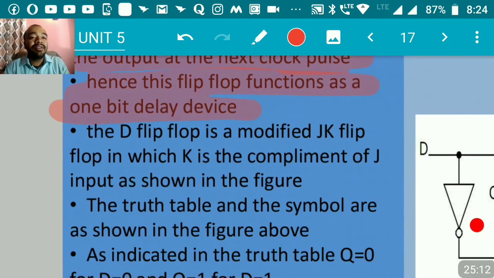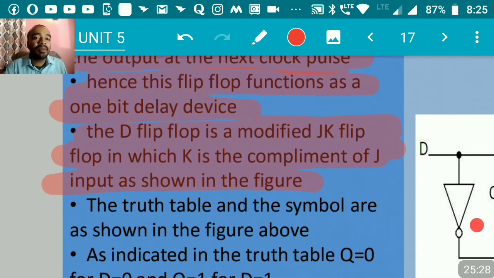Then the D flip-flop is a modified JK flip-flop with K as the complement of the J input, as shown in the figure. This is what we have understood by using the logic diagram, right? The J input is given and that input is inverted and given to the K input of the JK flip-flop, and that becomes your D flip-flop. So that is what he says in words.